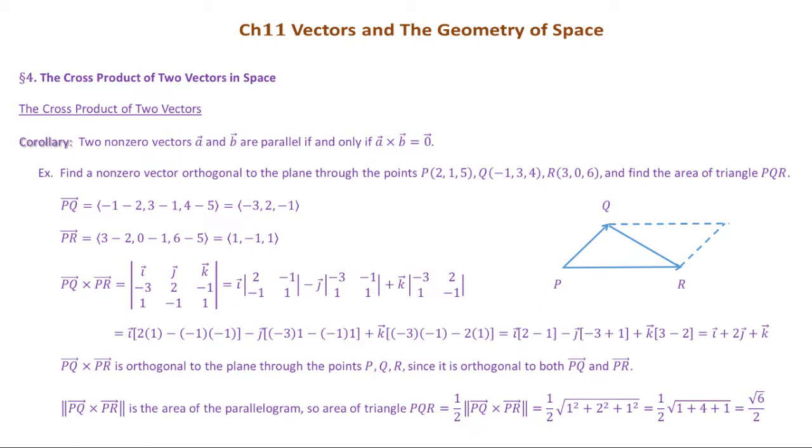So that means the magnitude of PQ cross PR is just the area of the parallelogram in the graph. And what we need to find is the area of the triangle PQR.